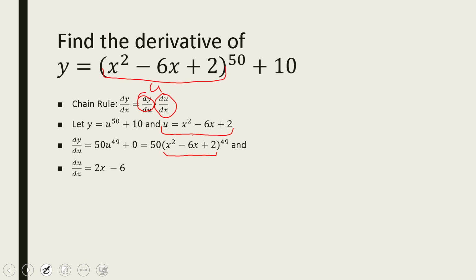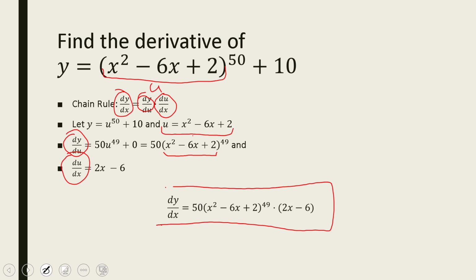All right, so now we just need to multiply dy/du and du/dx to get dy/dx. So dy/dx is going to be 50 times (x squared minus 6x plus 2) to the 49th times (2x minus 6), because this part here is our dy/du, and this part here is our du/dx.